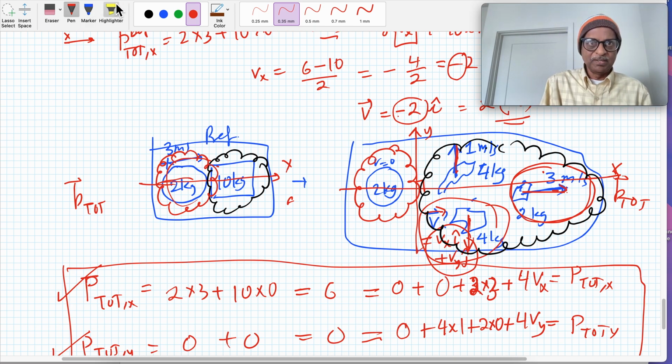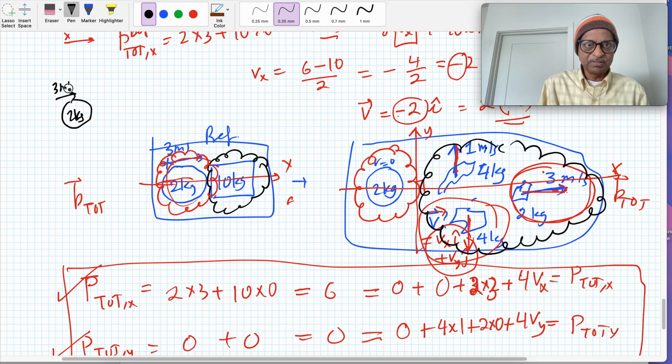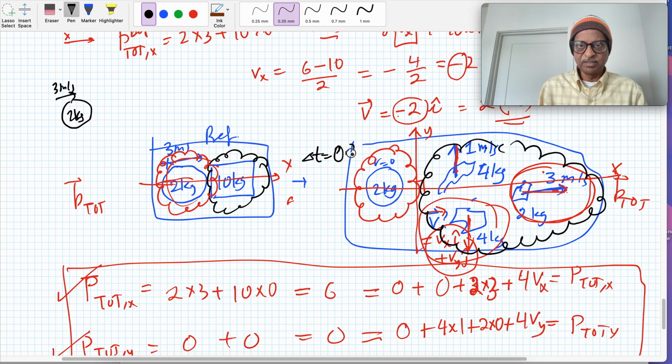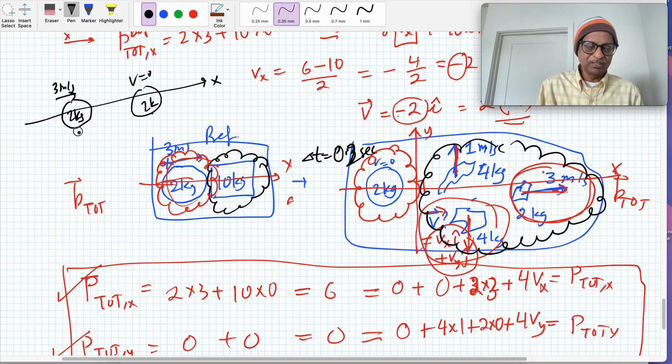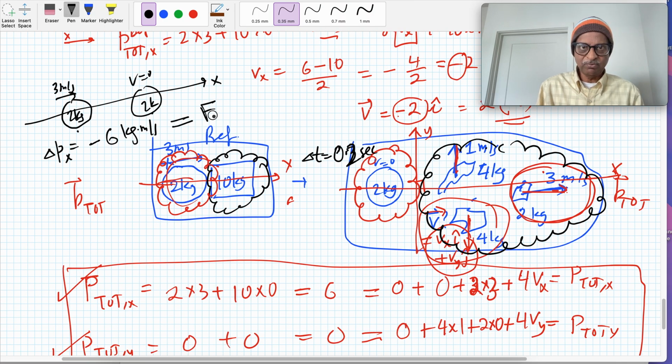So in that situation, you have a 2 kilogram mass at 3 meter per second. Delta t is again 0.2 seconds. 2 kilogram going this way, but it comes to rest. So if you look at this x direction, this minus this momentum, delta px, will be minus 6 kilogram meter per second, and we're going to equate this with average Fx times delta t.